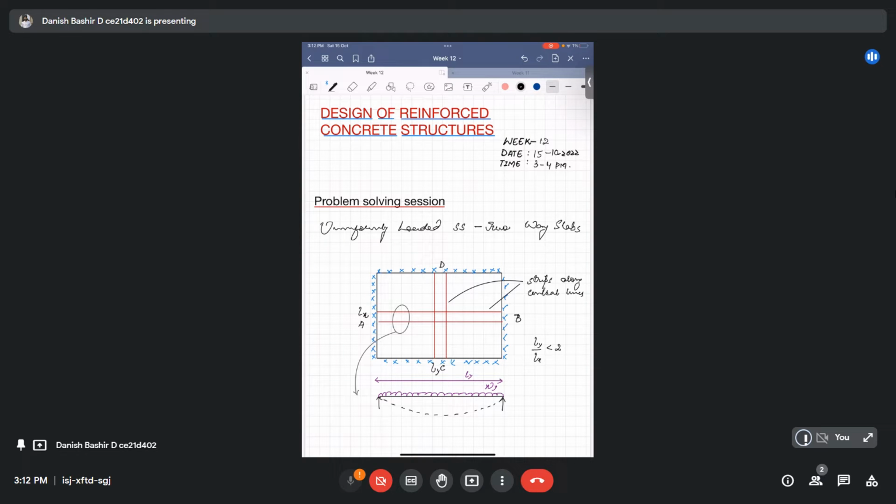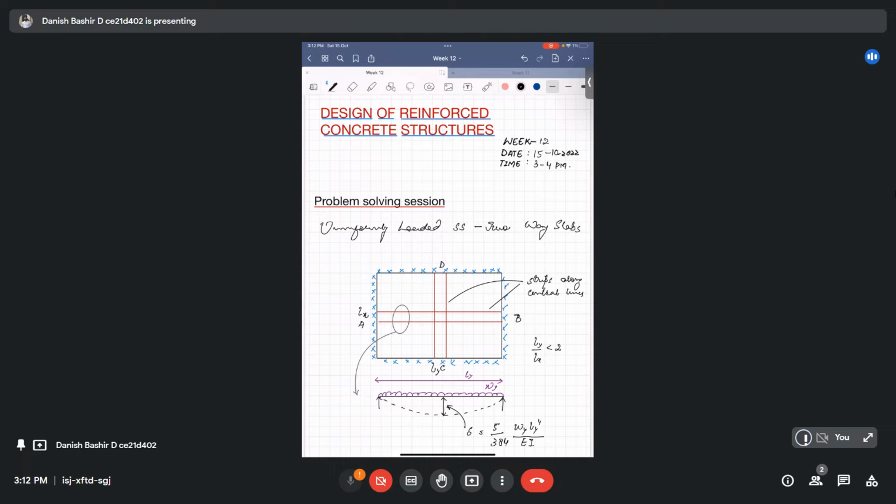It will have a maximum deflection at the center, delta, given by delta equal to 5 upon 384 Wy Ly power 4 upon flexural rigidity EI.